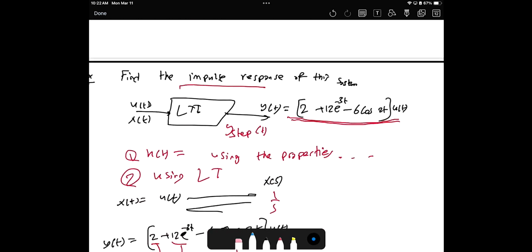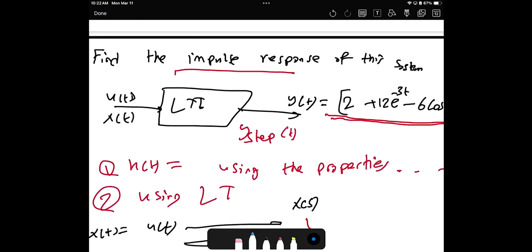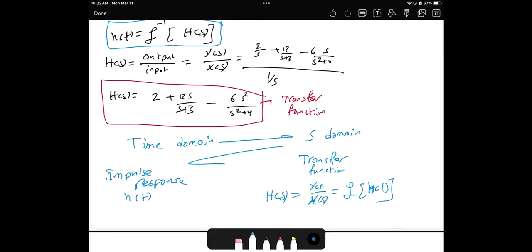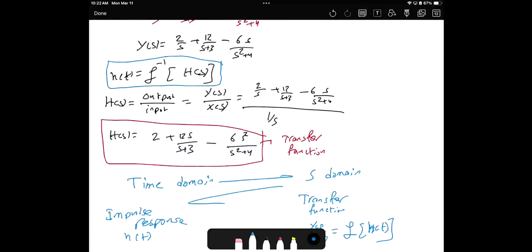If we assume x of t is delta, and we have this system, we want to see the output. This output is called the impulse response, when the input is only delta. Now, what's the relationship between impulse response and transfer function? The impulse response, when the input is delta, can be converted to the S domain, and that S domain is called the transfer function. Okay?